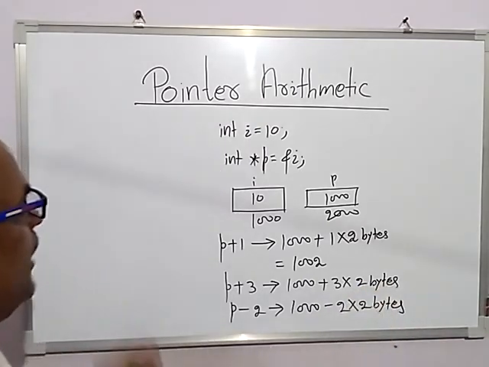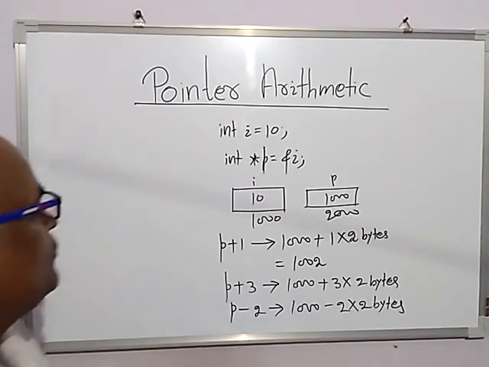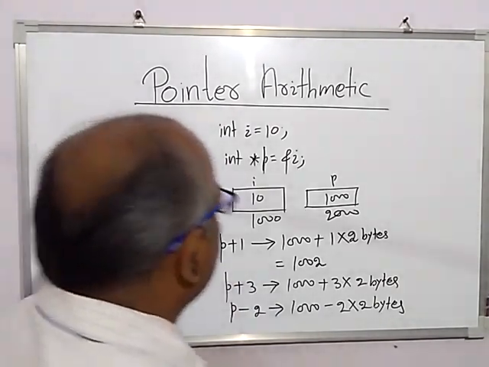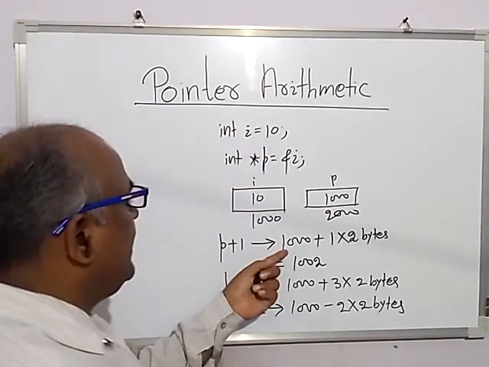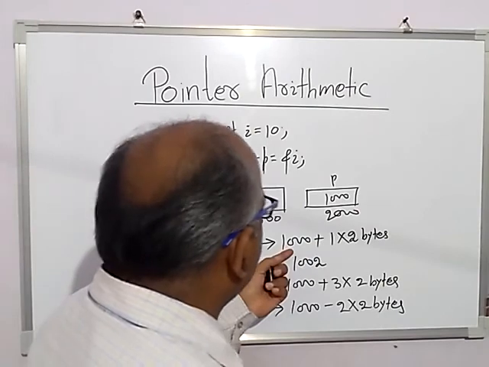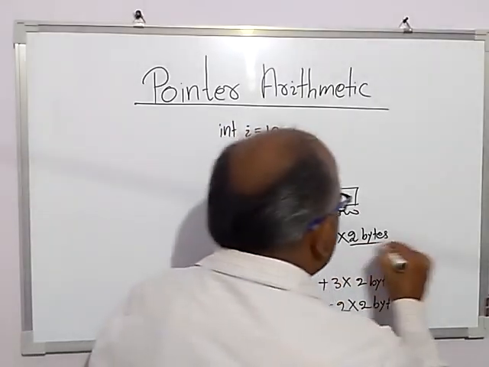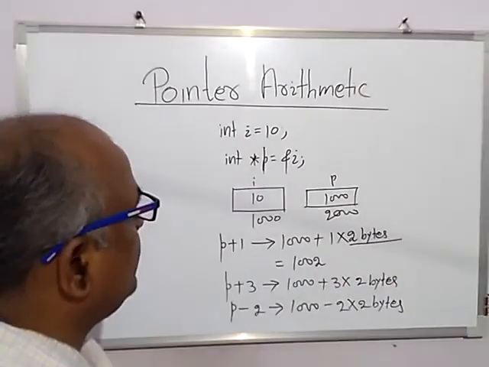So if you add any integer value to a pointer variable, then what will be the address? The address is the value of the pointer plus the integer value times the size of the data type.